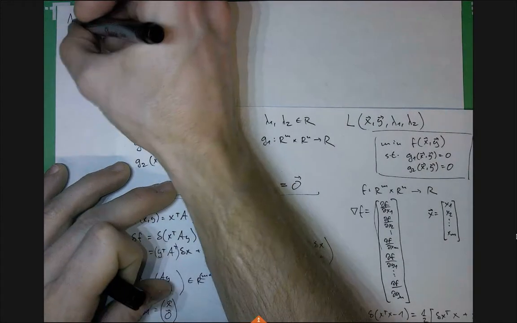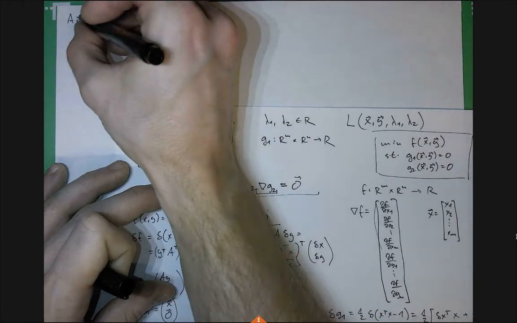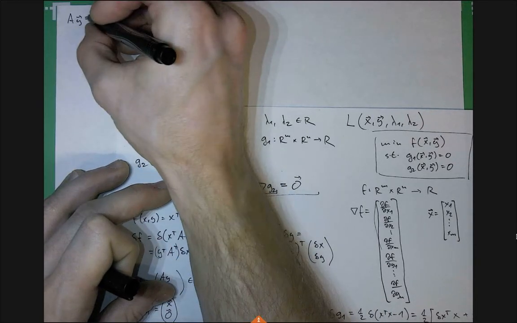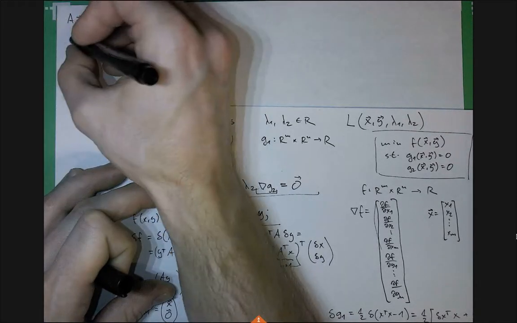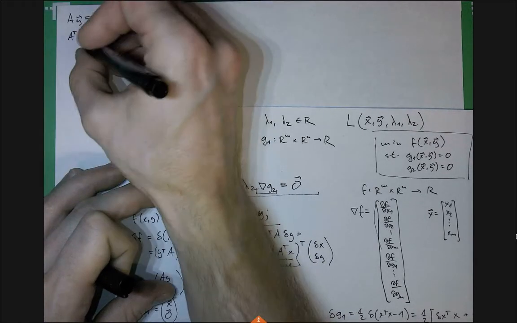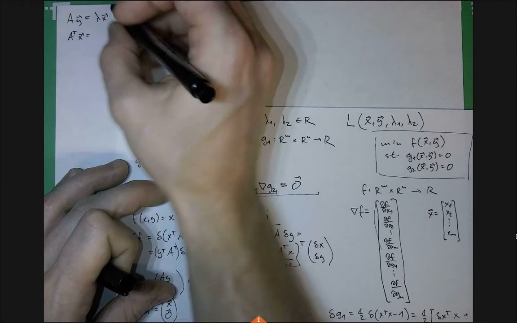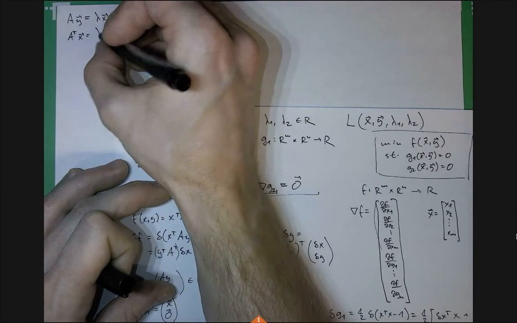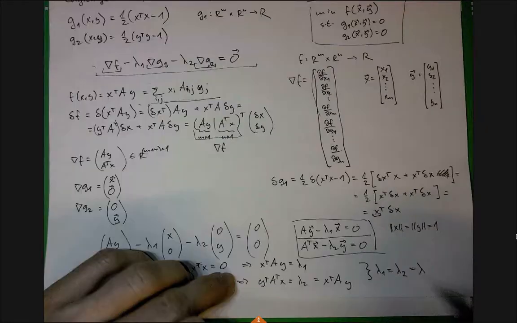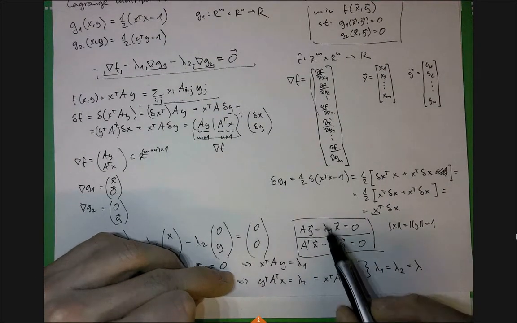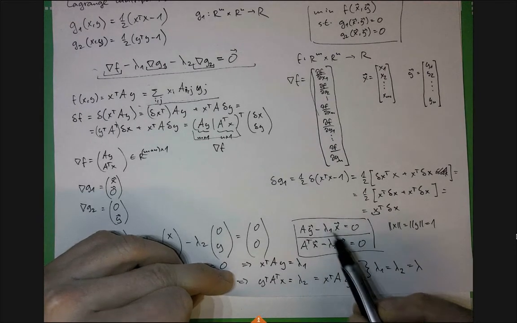So what this will give me is Ay equals lambda x, and A transpose x equals lambda y. Right? So I just took these two equations, put this on the right hand side, and then realized that lambda 1 is the same as lambda 2, so I just call it lambda.